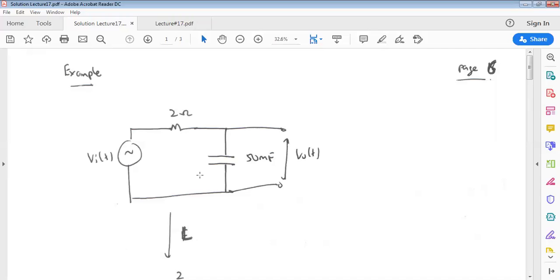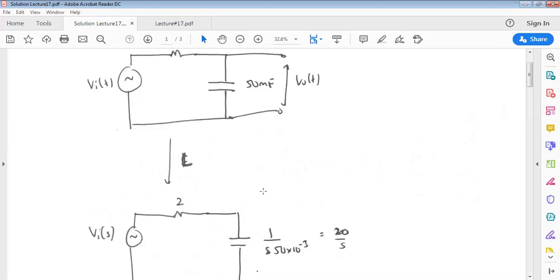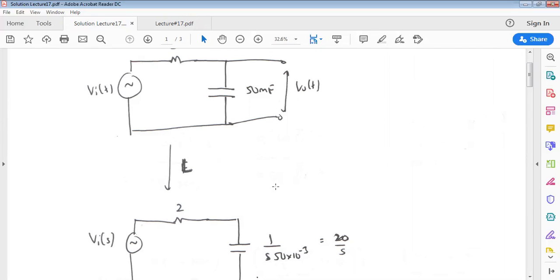This has been learned in lecture 15 on the Laplace transformation of the circuit. We shall assume that the initial voltage of the capacitor is 0. So the transformation will look like this.